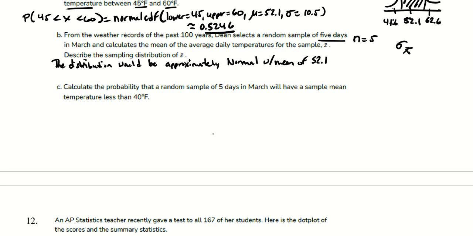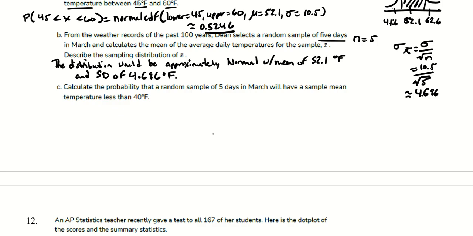And the standard deviation, we'll need to calculate that. Use standard deviation over square root of n. Okay, so standard deviation was 10.5. Divide that by the square root of 5 days. That would be 4.696, around there. And standard deviation of 4.696. These are both degrees Fahrenheit, by the way.